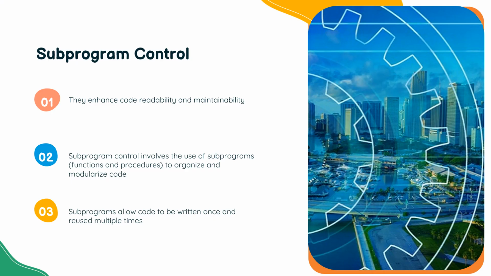Next, moving to subprogram control. Let's understand the subprogram. It is nothing but when a particular program is divided into different small programs, each small program is called a subprogram. We need to control the subprograms to enhance readability and maintainability.